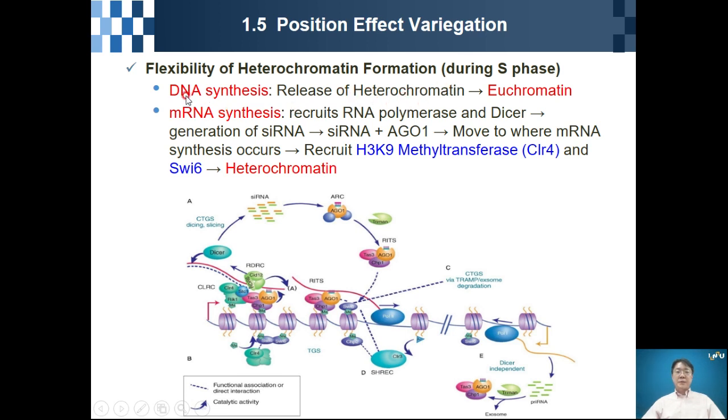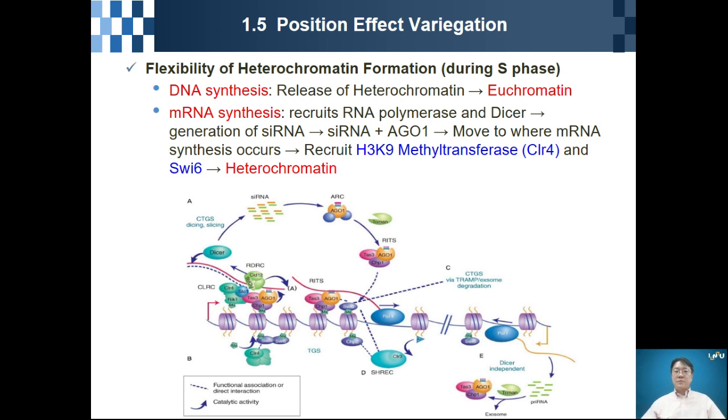Usually during the S phase, DNA synthesis happens. During DNA synthesis, usually the heterochromatin region is relaxed, so it can be euchromatin. After that, DNA synthesis happens, so one strand can become two strands like this. During this time, the heterochromatin region is flexibly interchanged to the euchromatin region.